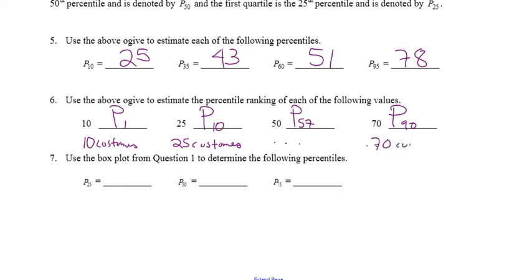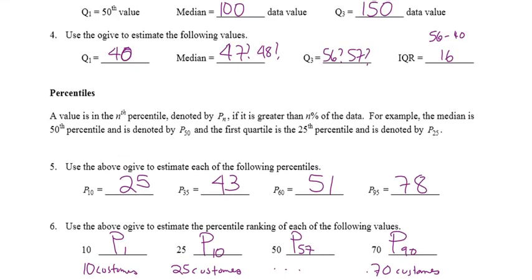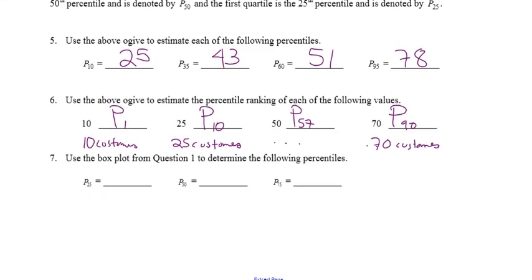From question 1. Okay, so these numbers here are the number of customers: 10, 25, 50, 70. Use the box plot from question 1 to determine the following percentiles. So, what's P25?